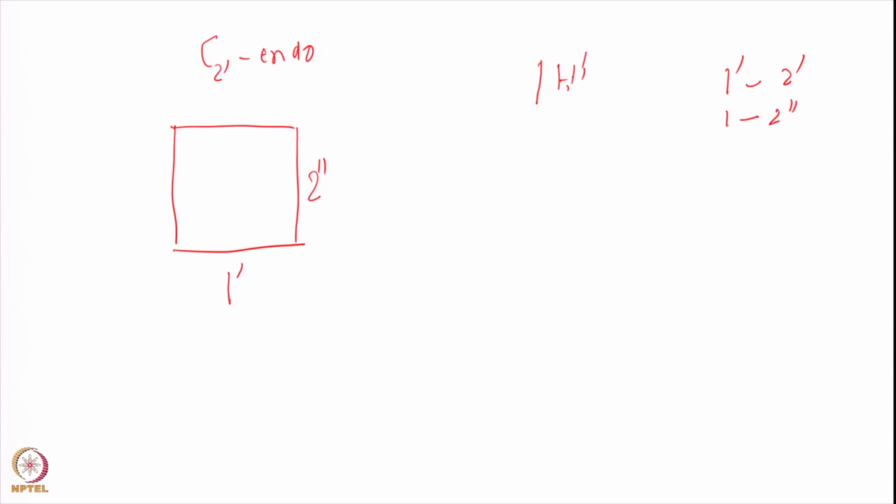Now if you are looking at the 1 prime 2 double prime cross peak, I will have an active coupling and a passive coupling. Which is the active coupling here? Because I am looking at the 1 prime 2 double prime cross peak, this is my active coupling and this is my passive coupling. What is the consequence of this? The active coupling will lead to plus minus splitting. So I will split this here, plus minus, this is the 1 prime 2 double prime coupling.